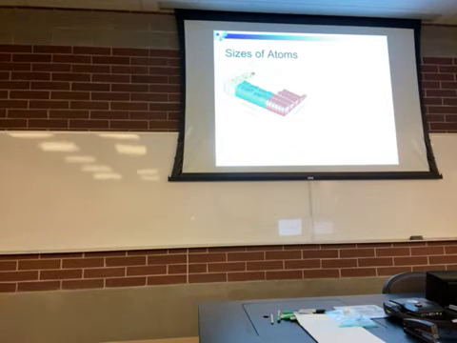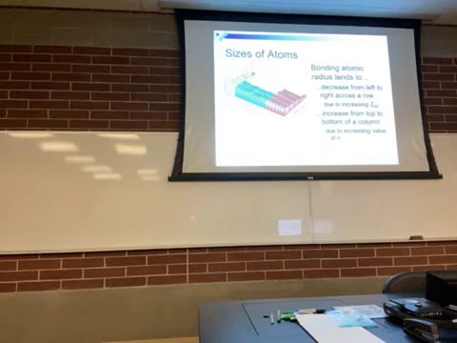So you're getting more positive in the nucleus, which means you're actually pulling in on those electrons that are out there buzzing around. So that's why we see this trend, even though we're having more electrons from left to right, our radius is going down slightly, okay? Because again, there's more protons pulling on those electrons, bringing them closer into the nucleus, which makes the radius smaller, okay? So that's your overall.